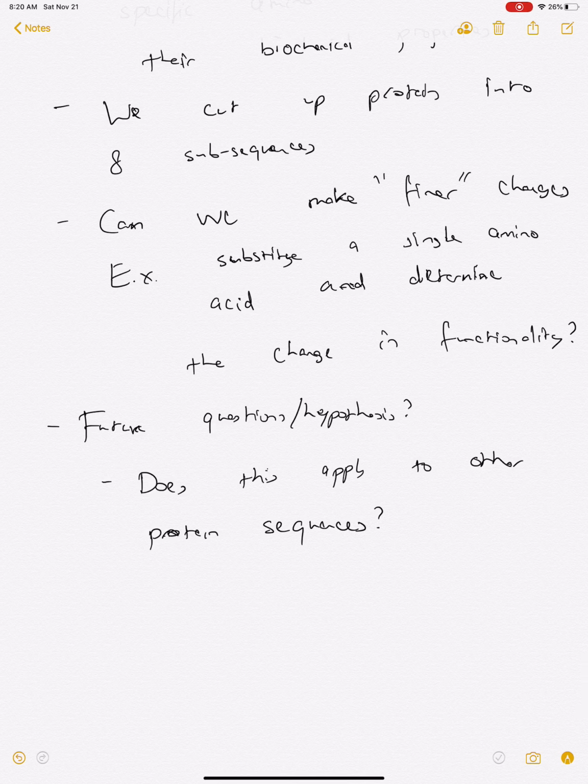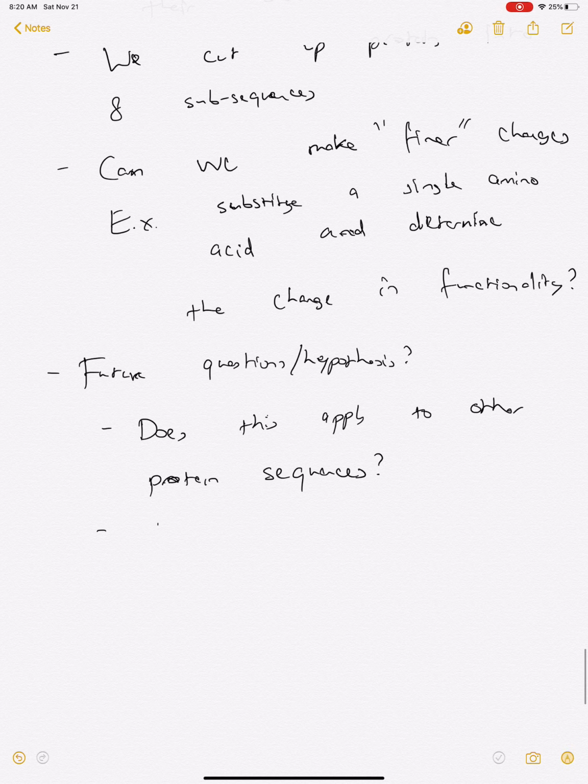I focused on one data set which looks at a particular protein family called P450, but there are many other protein families with different functionalities. Does this general hypothesis apply to others as well? And if we use a GLM for other data sets, will it work well?